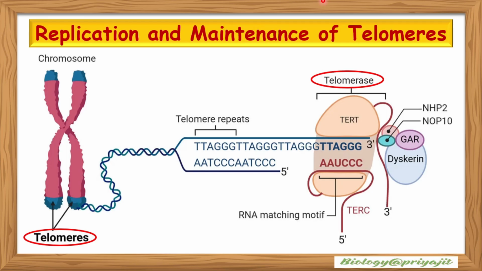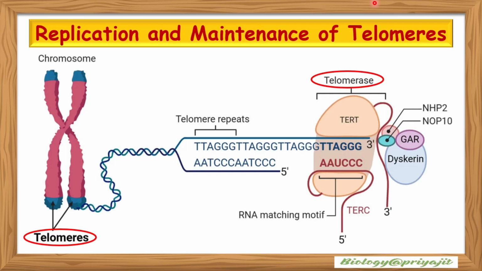To ensure chromosome stability, cells use specialized structures called telomeres and a remarkable enzyme known as telomerase. This elegant system prevents the gradual loss of DNA during cell division and plays a key role in cell lifespan, aging, and cancer.